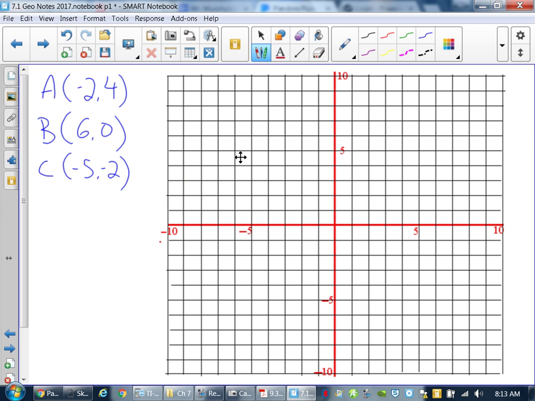Remember x's and y's. So we have -2 and 4, so I go over to the left 2 and go up 4. 6 and 0 is on the x-axis. And then -5 and -2, right here. And now I'm going to connect those 3.